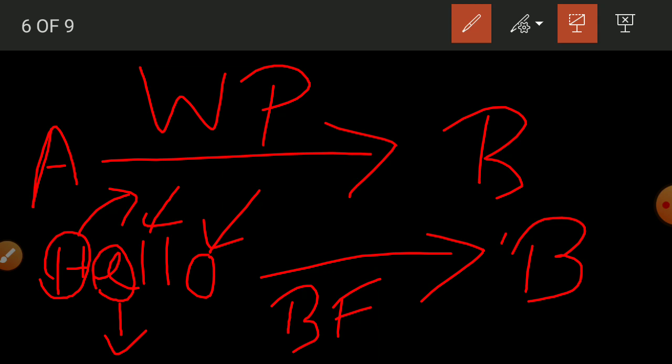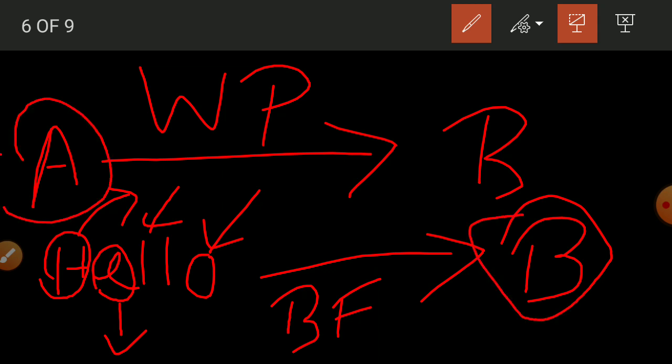So user B has got the message of user A, but it is in the form of binary. That binary will be reconverted to human readable form, that is hello. This is how the communication happens.